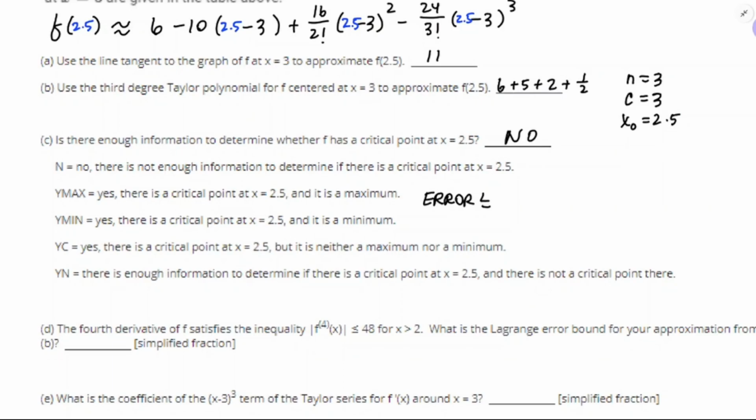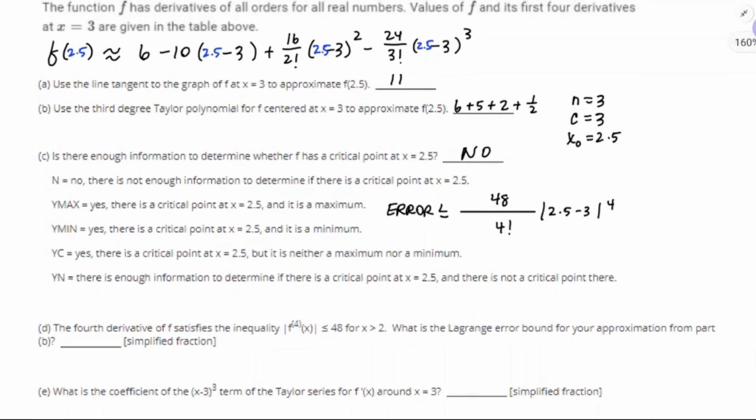Okay, so error is less than or equal to something divided by the next factorial, the maximum possible value of the fourth derivative, and that was 48, multiplied by the absolute value of 2.5 minus 3 to the fourth power, and that's going to be the Lagrange error bound.